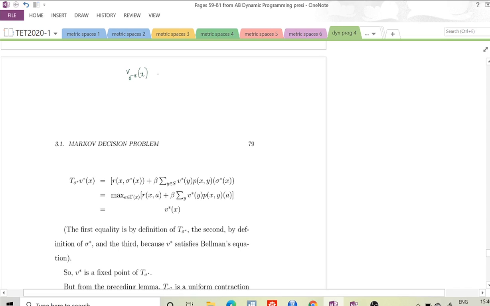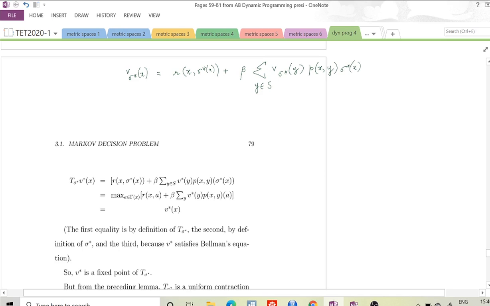So V sigma star of x is equal to R of x, sigma star of x, plus beta times the summation over all states tomorrow, let's call those states Y, of V sigma star of Y times the probability of the transition to Y.